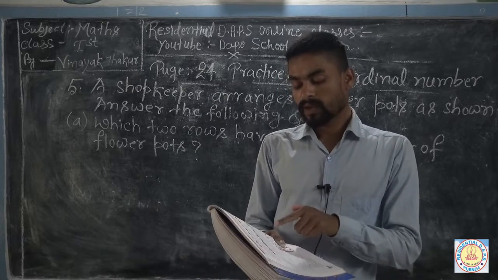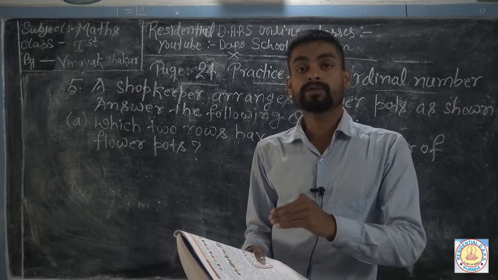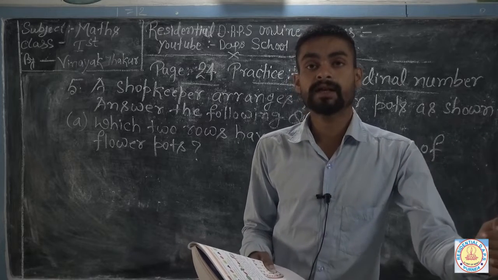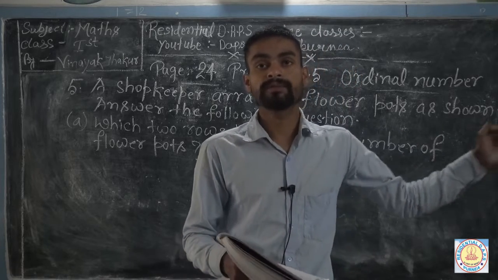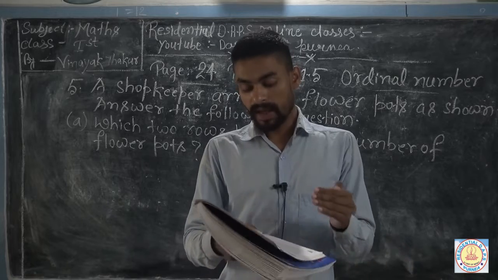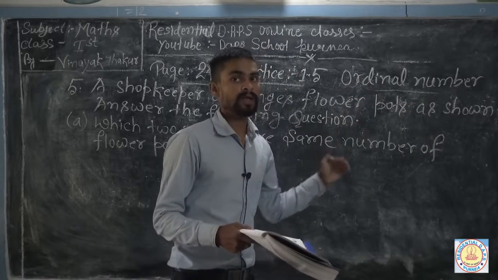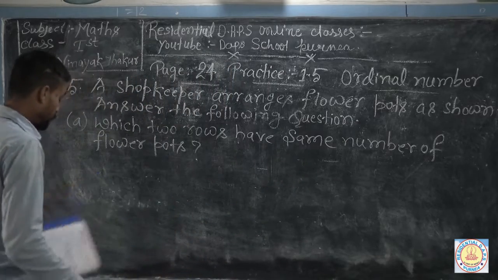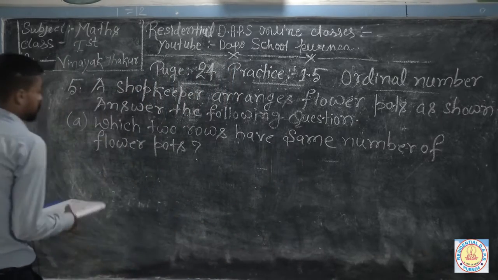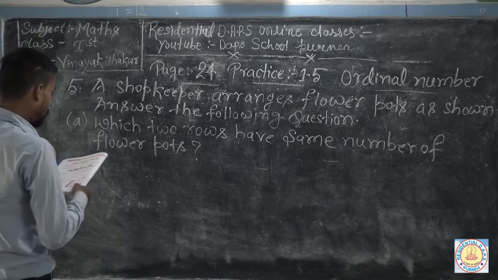So after the first row you put the second row, third row, fourth row, fifth row, sixth row, and after the sixth row this is your last row. So you have to put the position of the flowers.